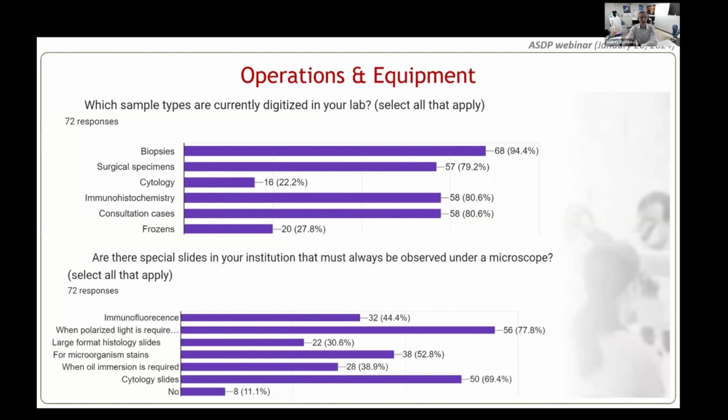The answers were quite obvious: when polarized light is required, cytology slides, immunofluorescence, also microorganism evaluation such as for Mycobacterium tuberculosis, H. pylori, also when oil immersion is required, and double wide slides.